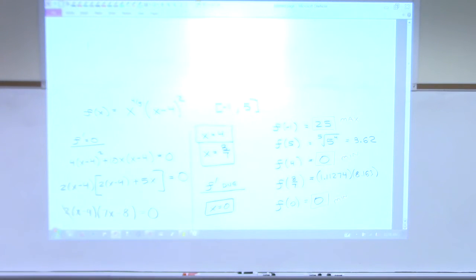I think we should graph that one, just to take a look. But I know how to type it in. And my interval was -1 to 5, right? Did that get -1 to 5?